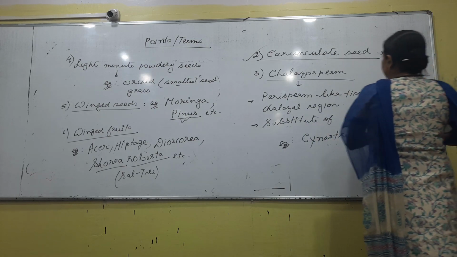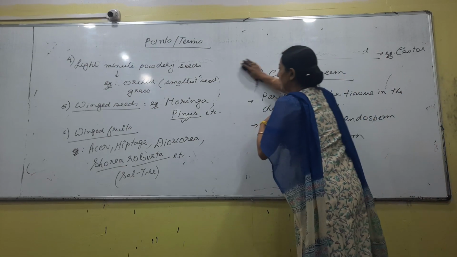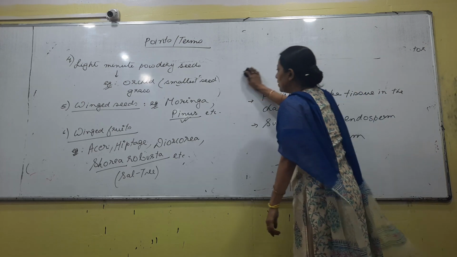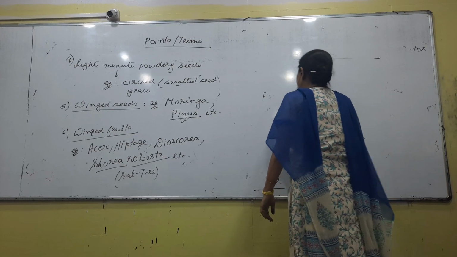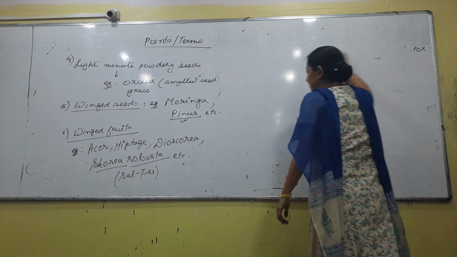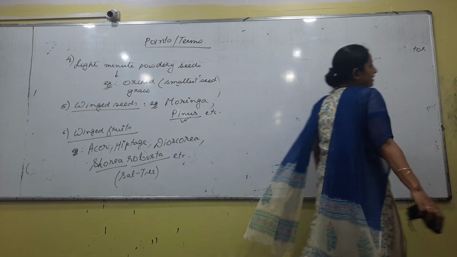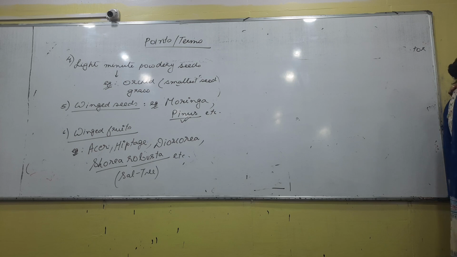Smallest seed in the plant kingdom, orchids. As far as winged fruits and winged seeds are concerned, winged seed we have talked about in the chapter called plant kingdom, the gymnosperm part, where we made a comparison between cycas and pinus.